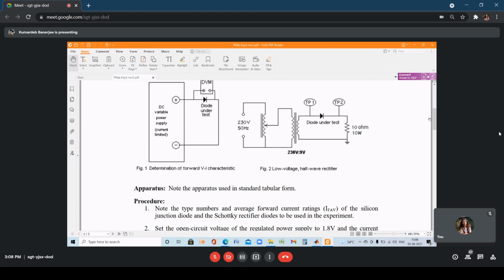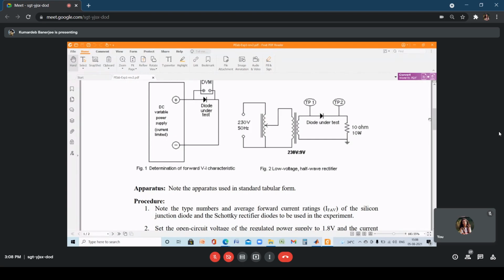Now, if you look at the second part of the diagram, I mean figure 2, which shows the second part of the experiment, we are trying to find out the diode current, or maybe the circuit current, for a half-wave rectifier, right? The different voltage values, and finally, what is the conduction angle of a diode?